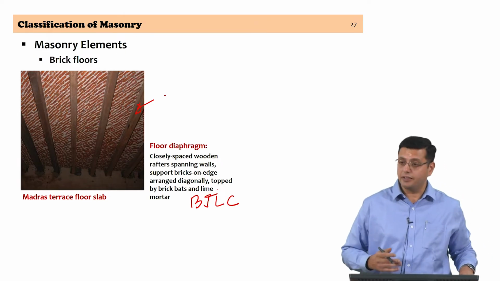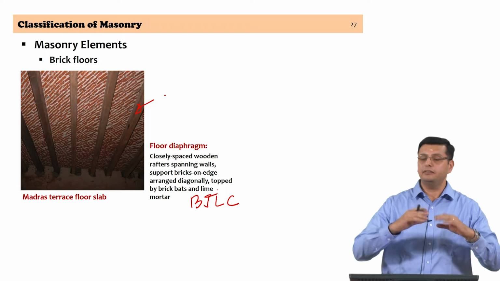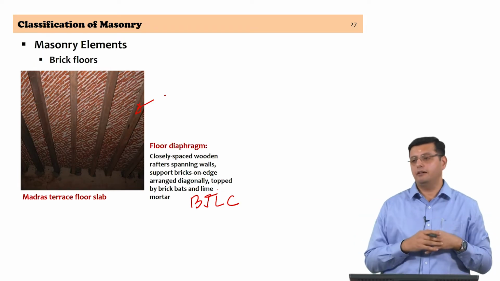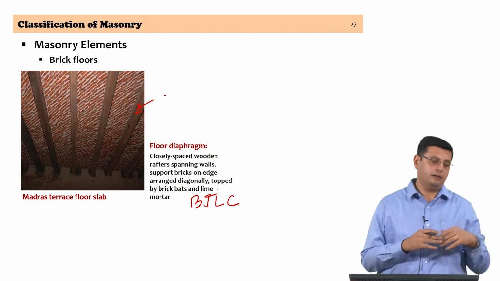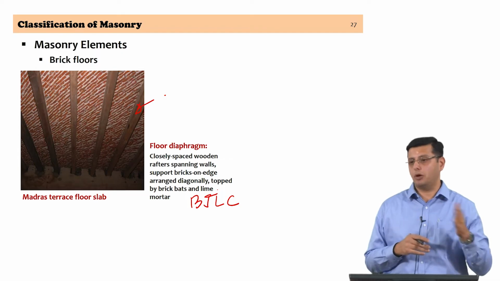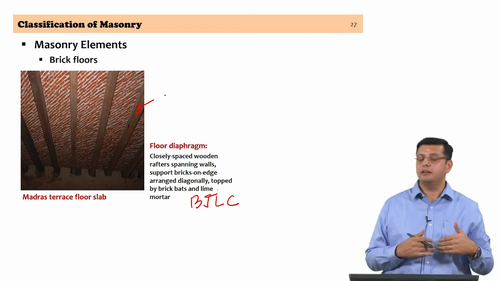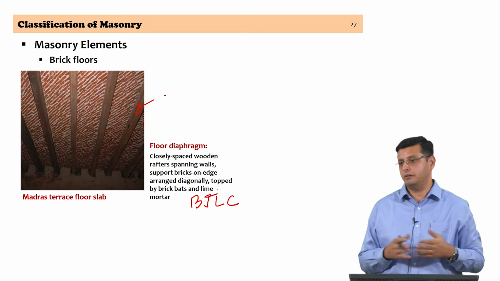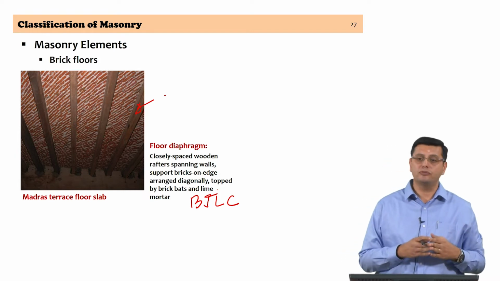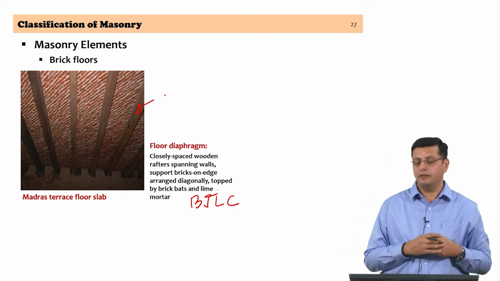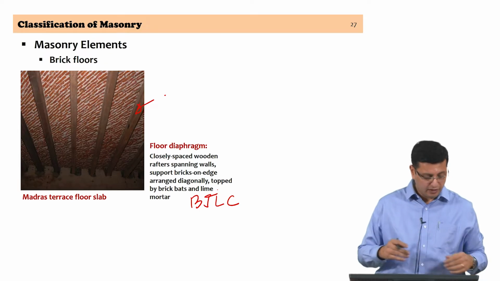Brick jelly lime concrete is the topping layer, and then if it is the last floor, you would have the weathering coat and probably tiles, or if it is an interior floor, you would have some tiles for finishing the floor itself.